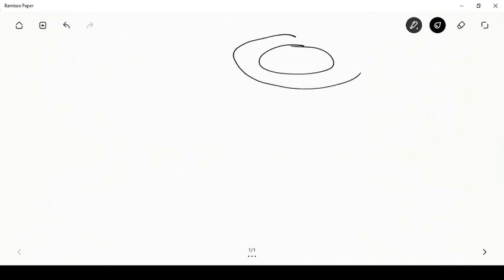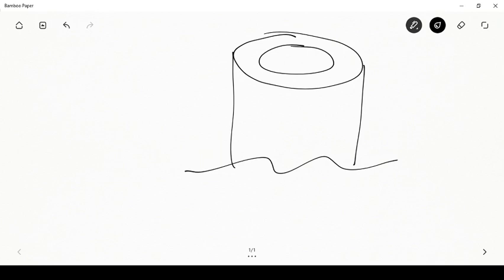So now let us look at a cylindrical system. So let's take this as a cylindrical system. This is the cross section, and the length is very large in this direction.